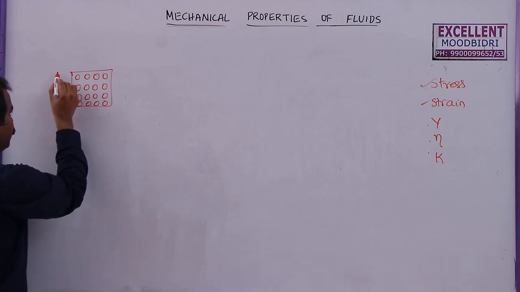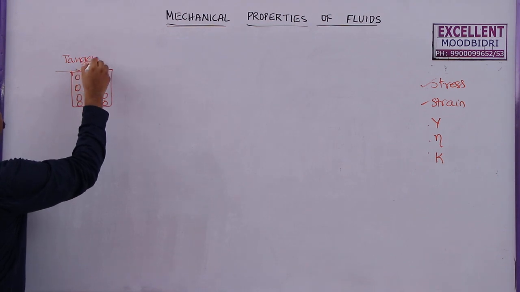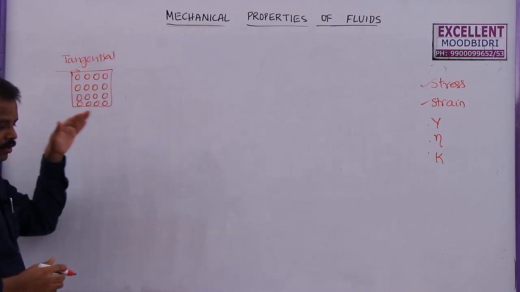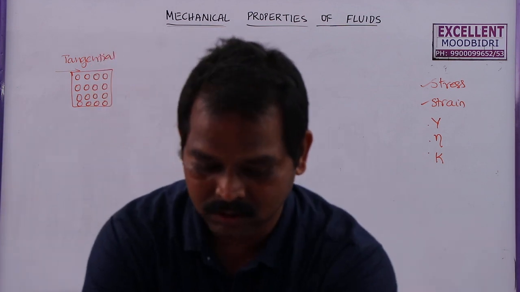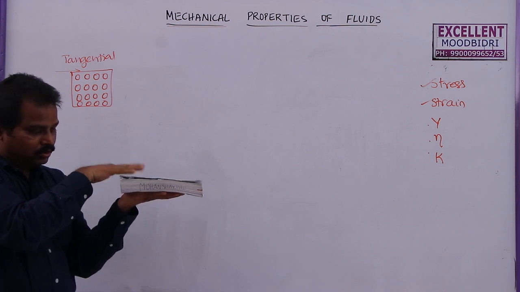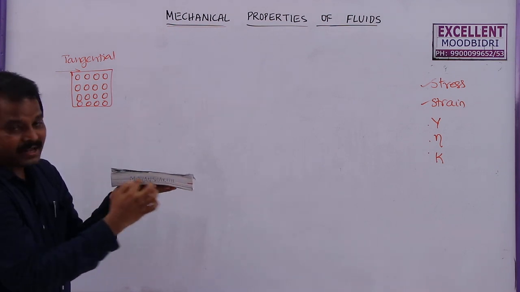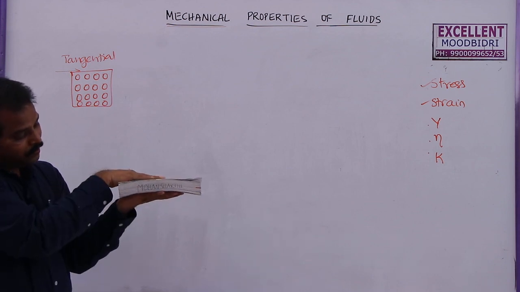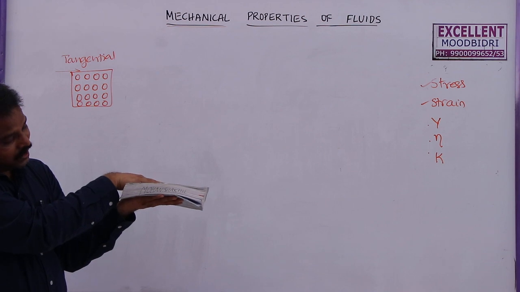If you apply a force here, tangential force, this is a tangential force acting parallel to one of the surface. So here, let me take one book here, a mathematics textbook. Now, this is a solid. If I apply a force here, just to observe these layers of the solid, the layers are displacing here.